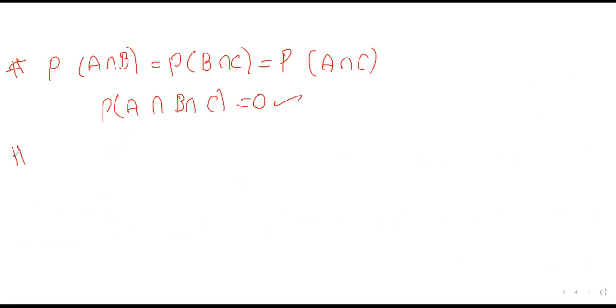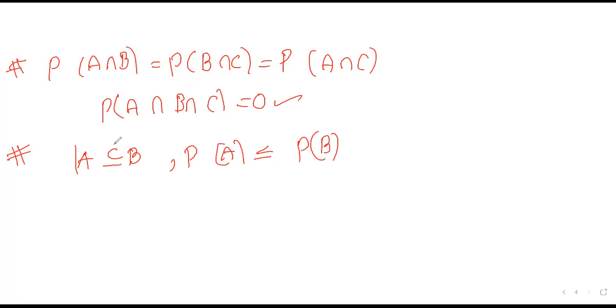You can remember this just for basic idea of formulas, nothing more than that. Then if event A is a subset of B, then I can say that P of A is always less than or equal to P of B.